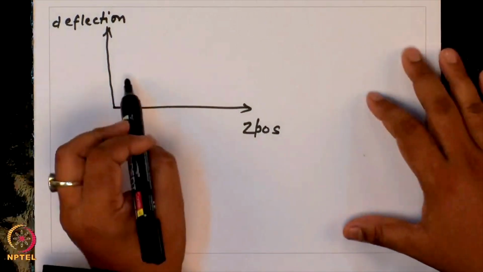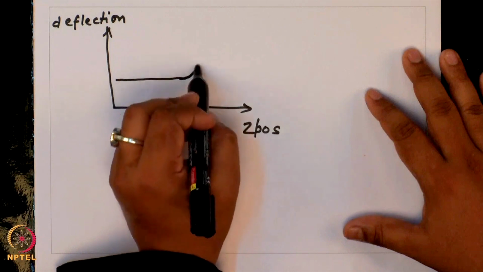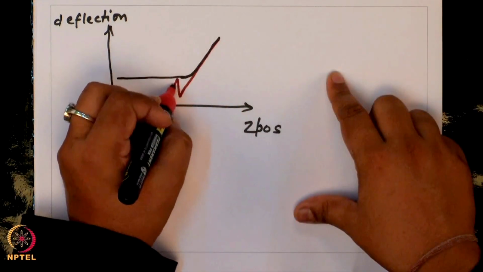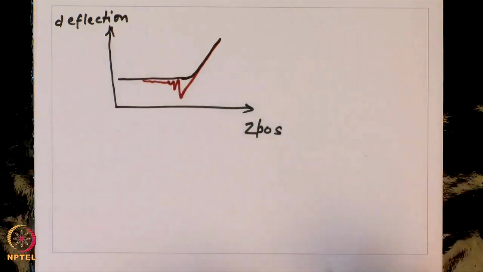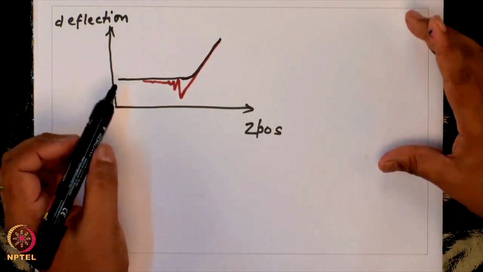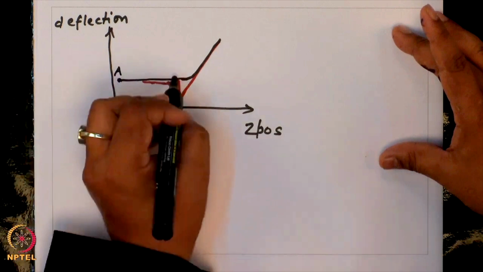So, you generate this curve, which is the raw data you get from an AFM experiment. Let me label some points.